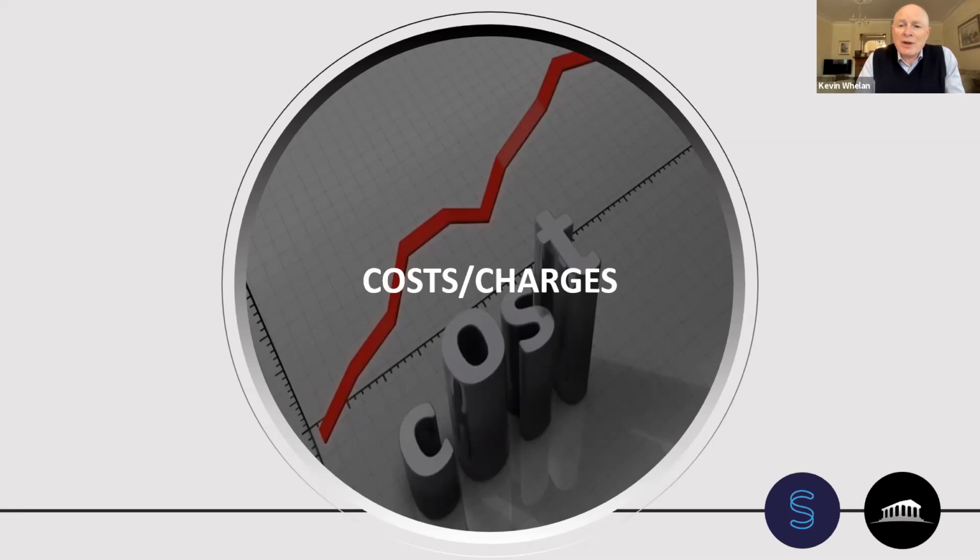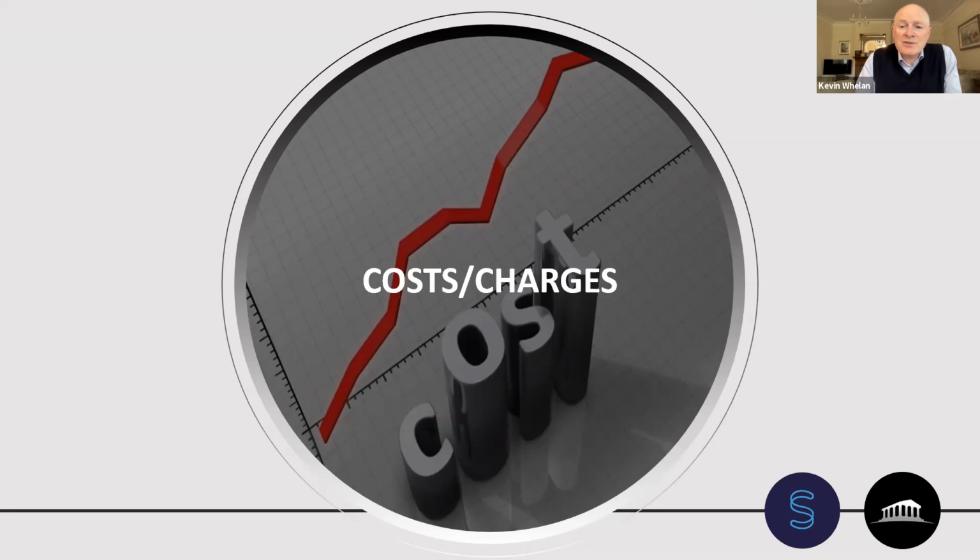It's the administrator doing the work of reporting to the revenue. It's a bookkeeping service with some expertise. And as a result, those fees are fixed. They're not a percentage of what your fund is.